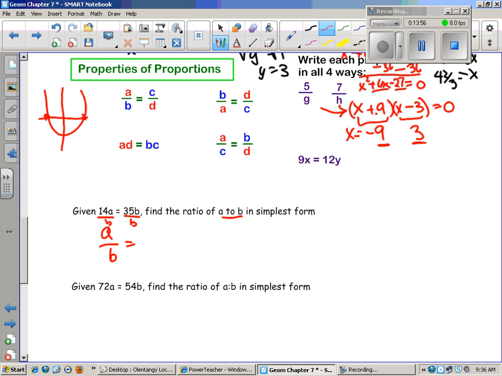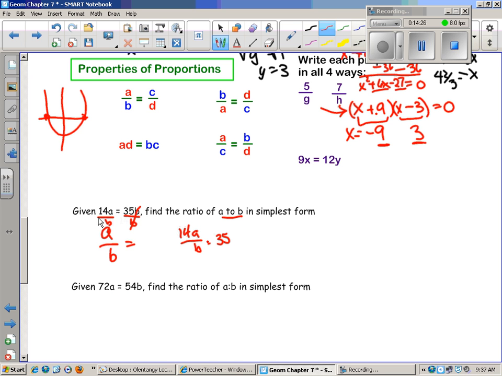And that would cancel it from there, and I would leave it there. So I'd have 14A over B equals 35, because I divided both sides by B. So I left the B on this side, because 14A divided by B just becomes 14A divided by B. But the B on top and the B on bottom here cancel. So all I have left on this side is 35.